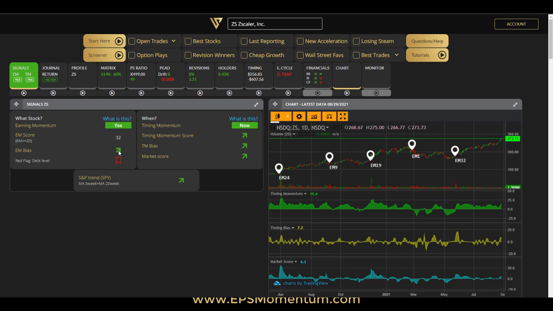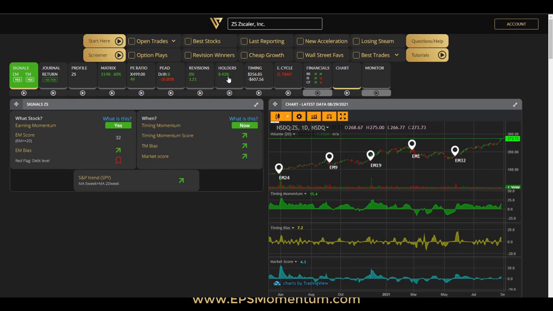The EM bias is pretty much a summary of the holders and revision. See how they're both positive, very highly positive. The holders is basically funds investing in the stock, whether they're pouring money in or not. Revision is Wall Street analysts revising their estimates up since the beginning of the quarter.